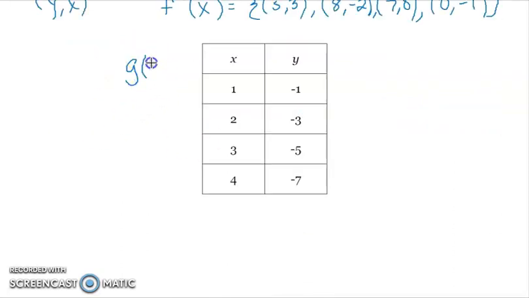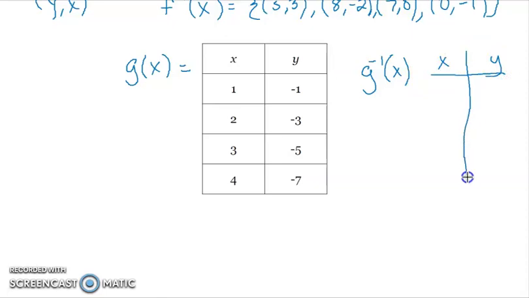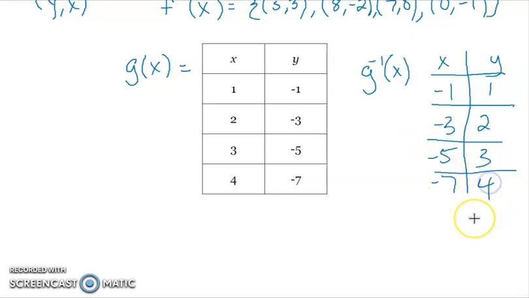If this is the g function, then g inverse is going to be where the x's and y's are inverted. So instead of 1, negative 1, we're going to have negative 1, 1, negative 3, 2, negative 5, 3, negative 7, 4. Again, exact same pairs, just inverted.